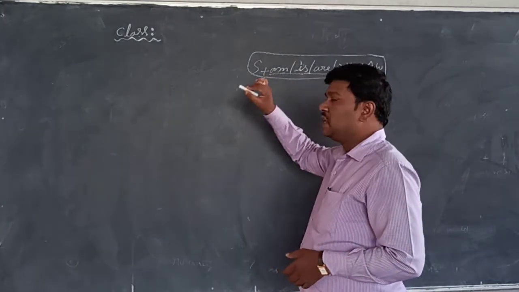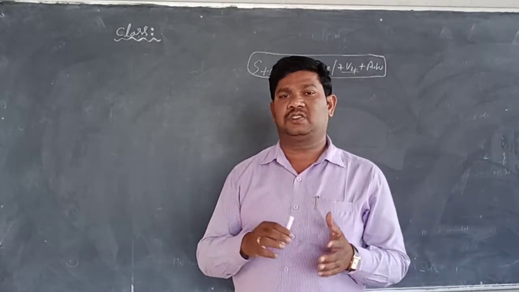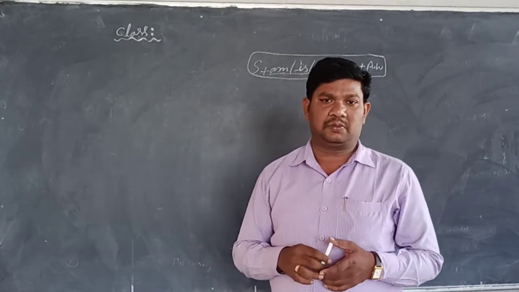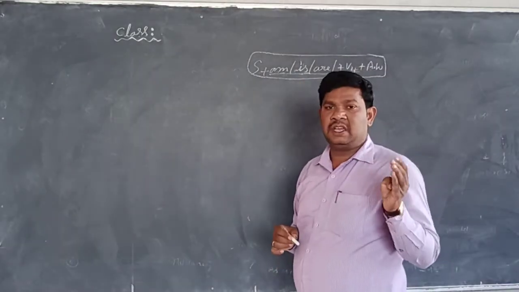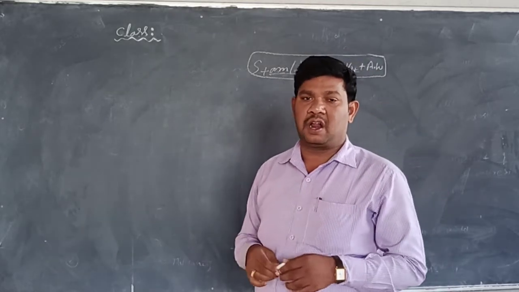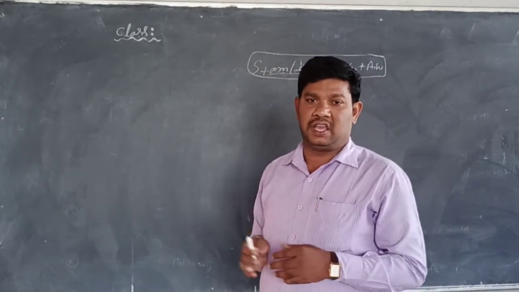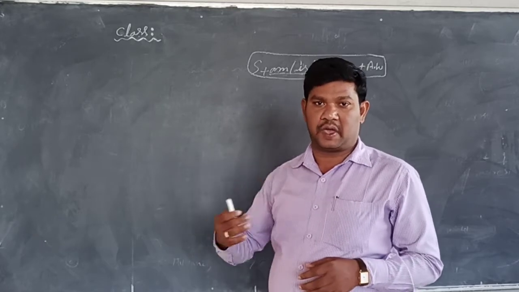And also is. Is is used only for singular subjects: he, she, it, and also singular names. Ramu is, Sita is, Raghu is, Mr. John is, going like this.